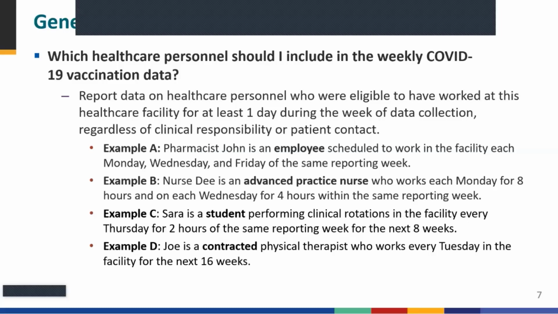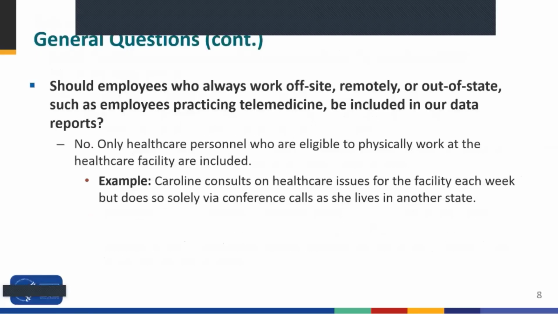In example C, Sarah is counted as she is a student performing clinical rotations in the facility every Thursday for 2 hours of the same reporting week for the next 8 weeks. In the final example, Joe is a contracted physical therapist who works every Tuesday in the facility for the next 16 weeks. Therefore, he'd be reported in the data.